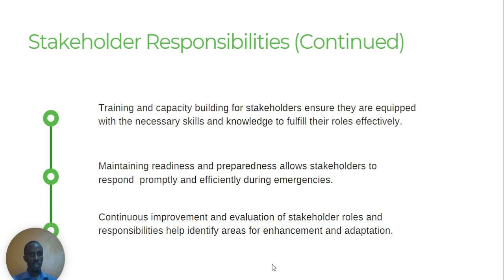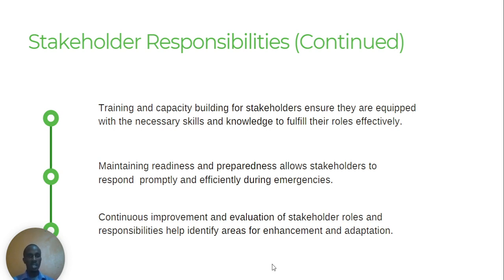So there should also be training and capacity building for the stakeholders to ensure that they are well equipped with the necessary skills and knowledge to fulfill their roles effectively. And maintaining readiness and preparedness allows the stakeholders to respond promptly and effectively during emergencies.